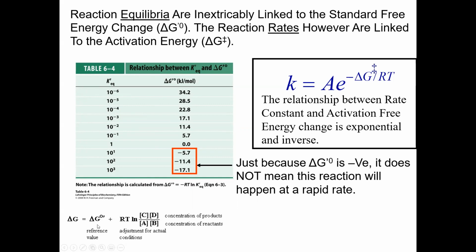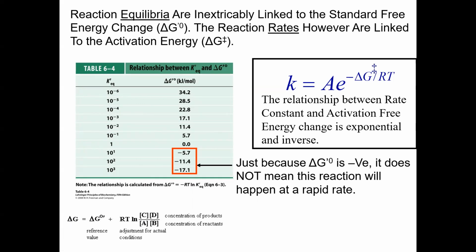So a reaction can have a positive delta G naught, the standard free energy, but can still proceed favorably. Why? Because as long as the sum of these two terms is negative, your actual free energy will be negative, and therefore the reaction will be spontaneous.